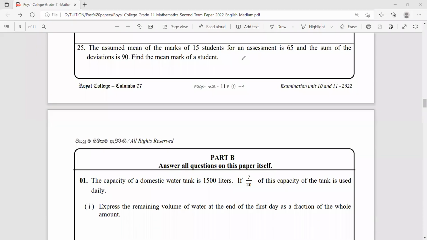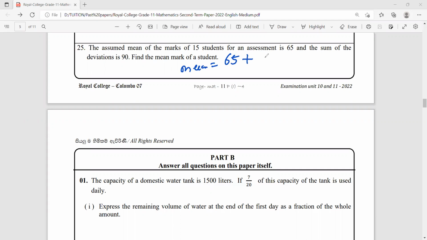Now the assumed mean of the marks of 15 students of an assembly is 65, and the sum of the deviations is 90. Find the mean mark of the students. You can get the mean is equal to assumed mean plus the mean of the deviations.